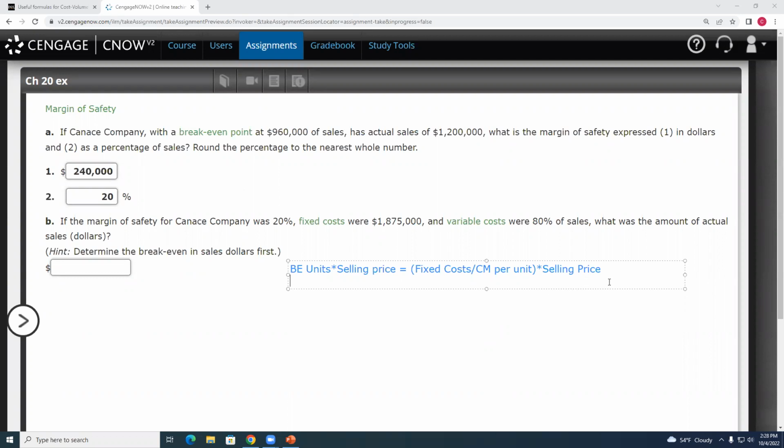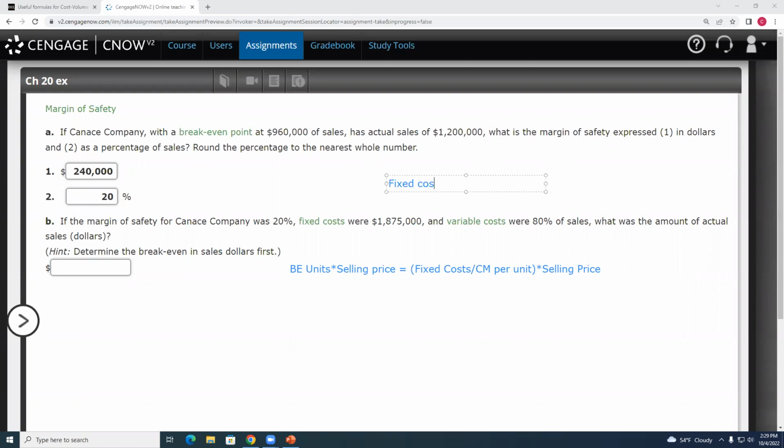Okay, so if their variable costs were 80% of sales, and that means that 20%, if they just break even, so if their total fixed... I'm trying not to give you a new formula.